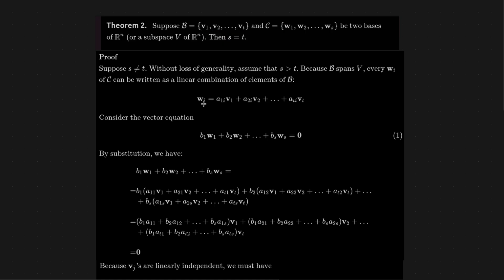So w1 or w2 or w3 could be written as a linear combination of these vectors, or generally wi. Here we're taking i to be anything between 1 and s. So every one of these w's can be written as a linear combination of vectors v that form basis B.